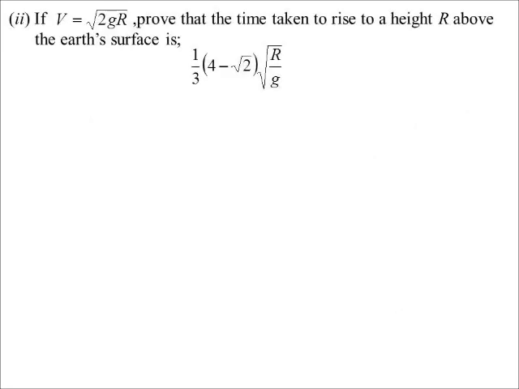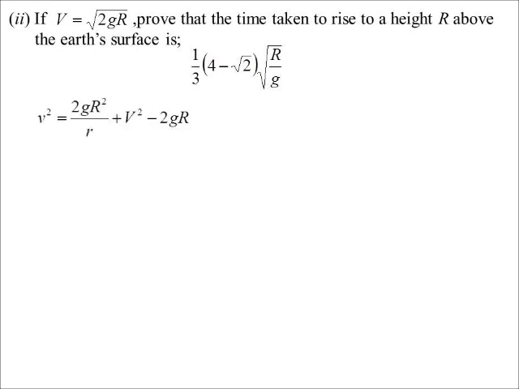All right, it's now asking us to assume that indeed we are travelling with that escape velocity, the square root of 2gr. We're going to prove the time it takes to rise to a height of r above the Earth's surface, so displacement will become 2r, because we'll be going from r to 2r, it's travelled r, is this particular expression.